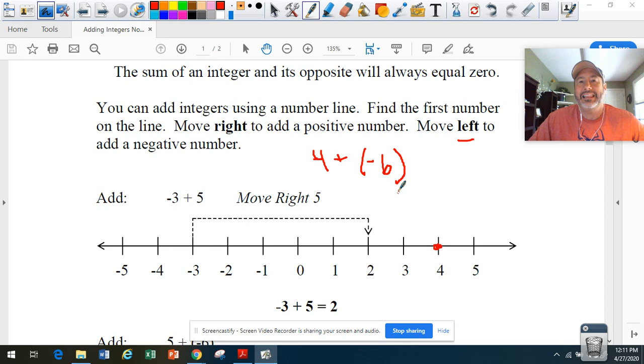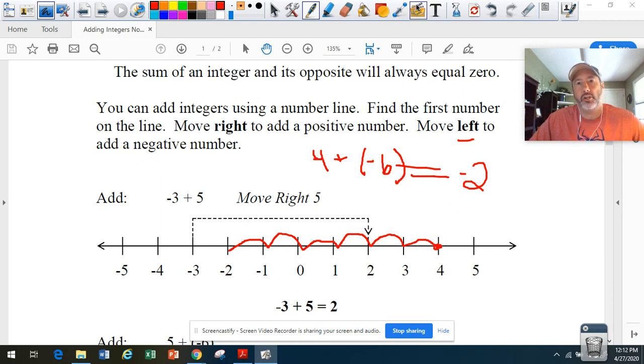We're going to move to the left, the absolute value of this, 6 places. 1, 2, 3, 4, 5, 6. Equals -2. Very good here. So 4 plus -6 is -2.